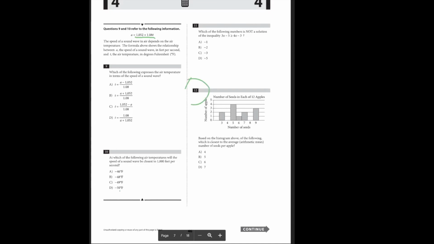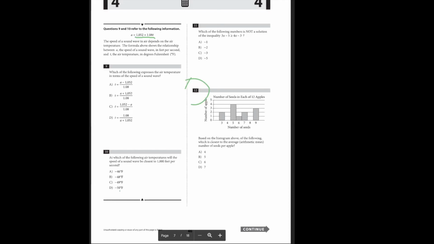So it says, based on the histogram above, which of the following is the closest to the average, the arithmetic mean, of the number of seeds per apple? It's basically just testing your knowledge of what an average is, which again relates to statistics.